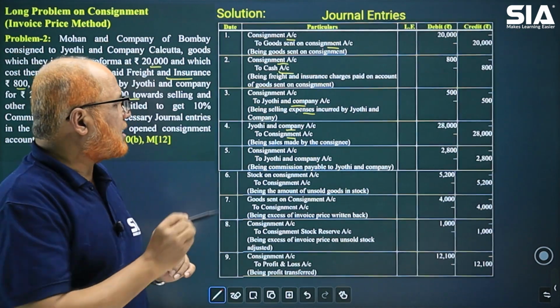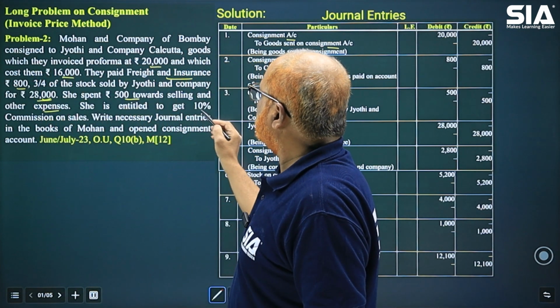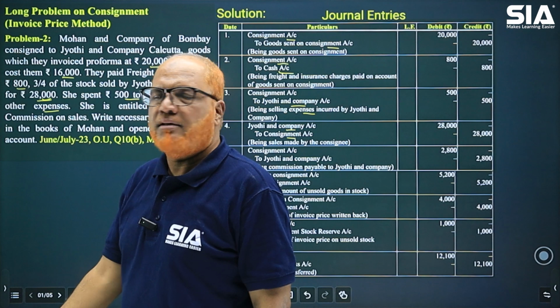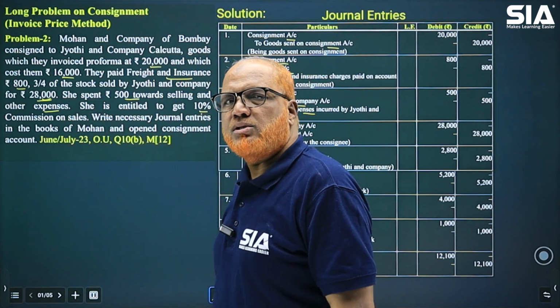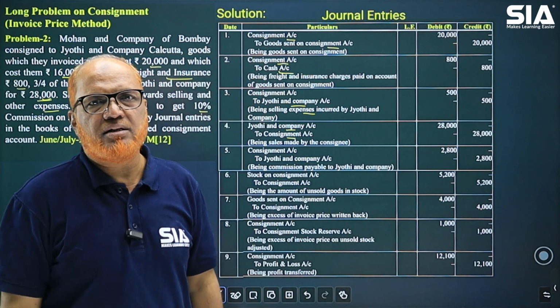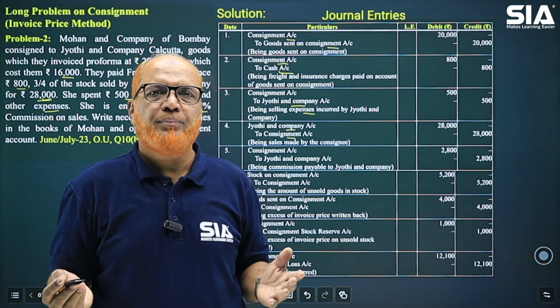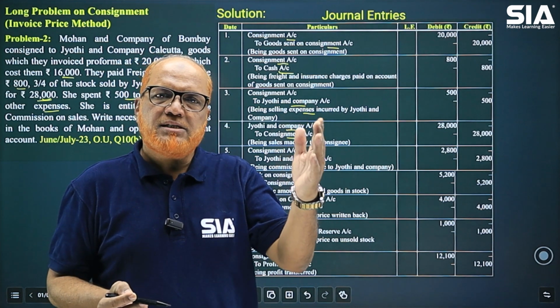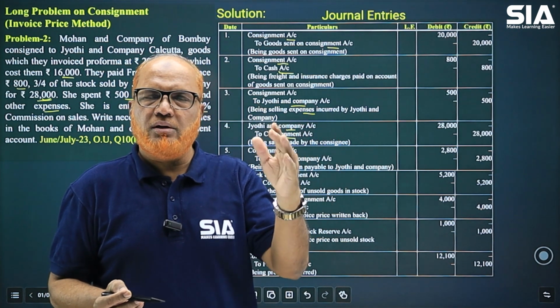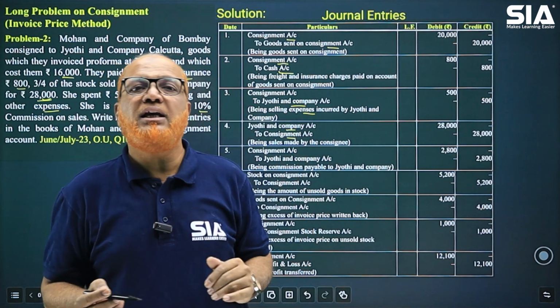Now comes the commission. Commission is how much? 10% on sales. So sales are 28,000. 10% of 28,000 is 2,800. So entry for expenses and commission is the same.